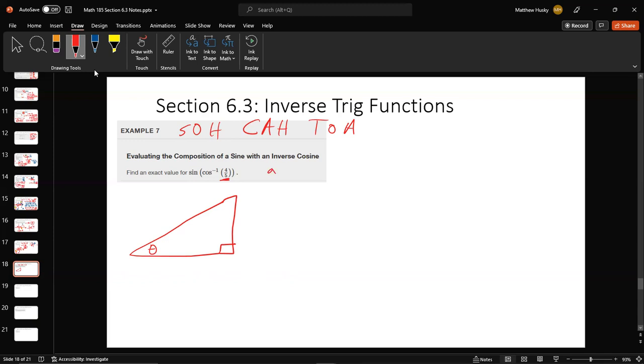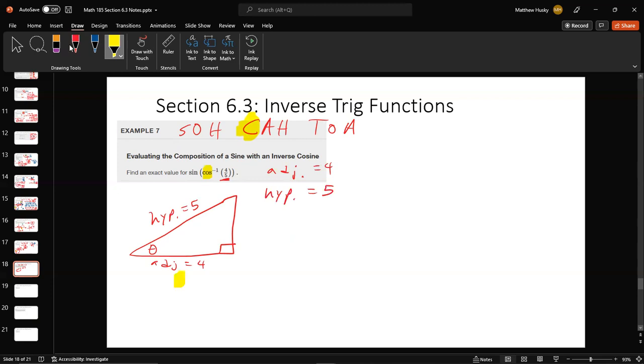We want the adjacent to be 4, and we want the hypotenuse to be 5. So here's the adjacent, which is 4. Here's the hypotenuse, which is 5. We're doing adjacent and hypotenuse because we're talking about cosine. Cosine is the adjacent over the hypotenuse. Now this is a right triangle, and you might remember this.